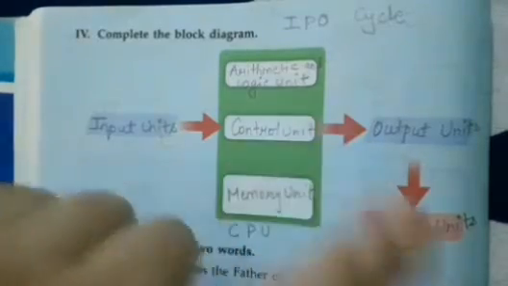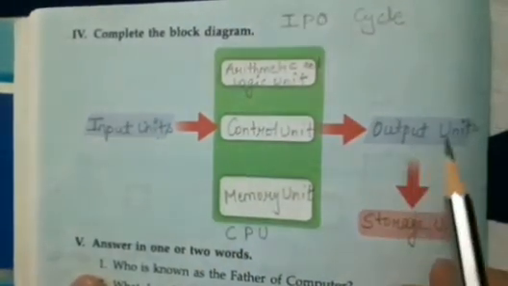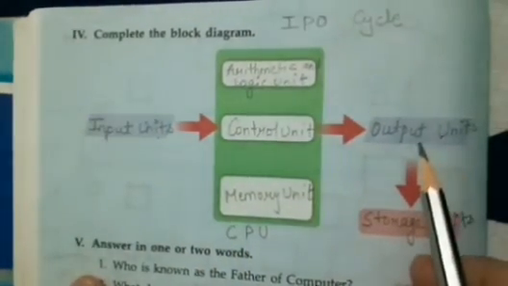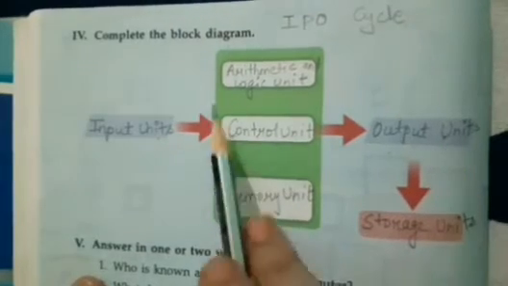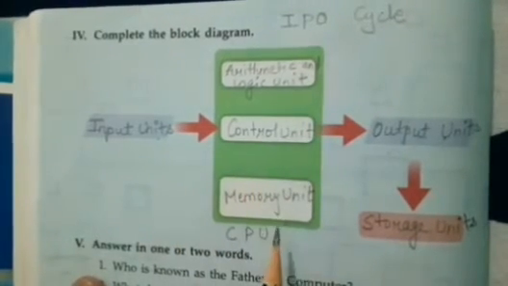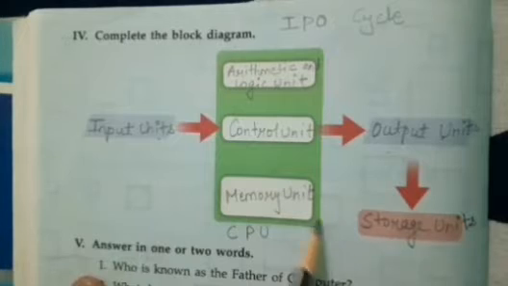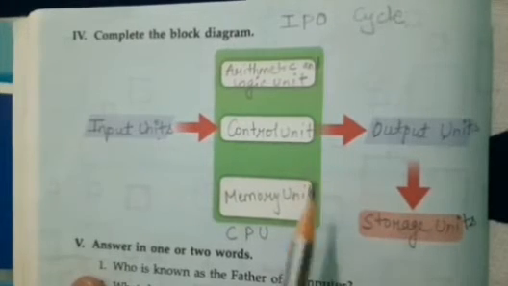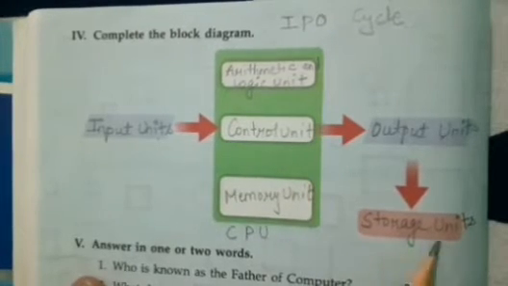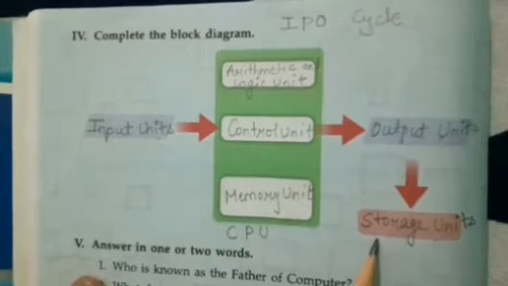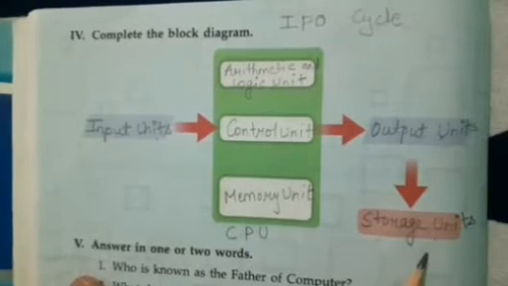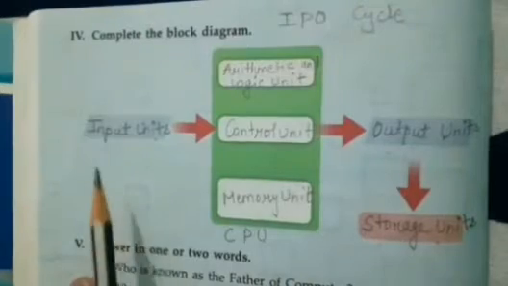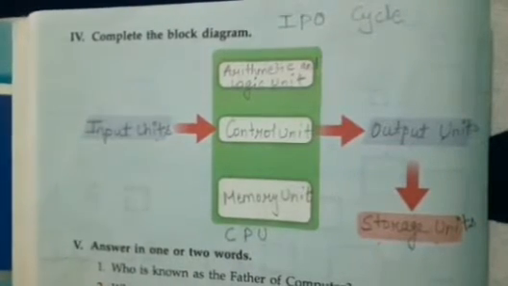And that information is displayed with the help of output units like monitor and printer. For all these processes, we require some storage area. We require some space, and that space is provided by the storage units like primary memory and secondary memory. Okay children, so this block diagram is of the IPO cycle.